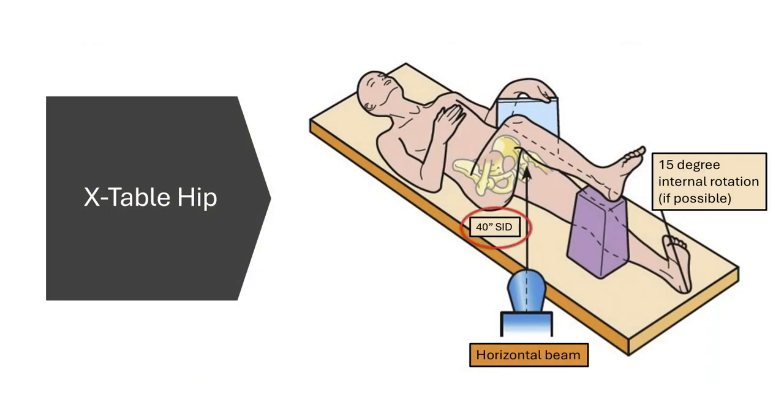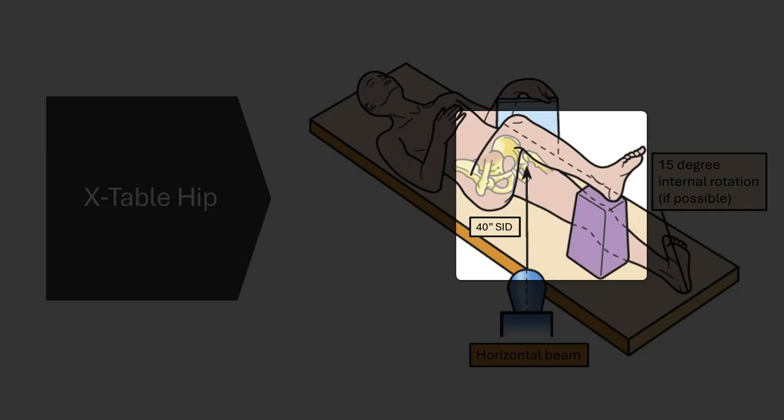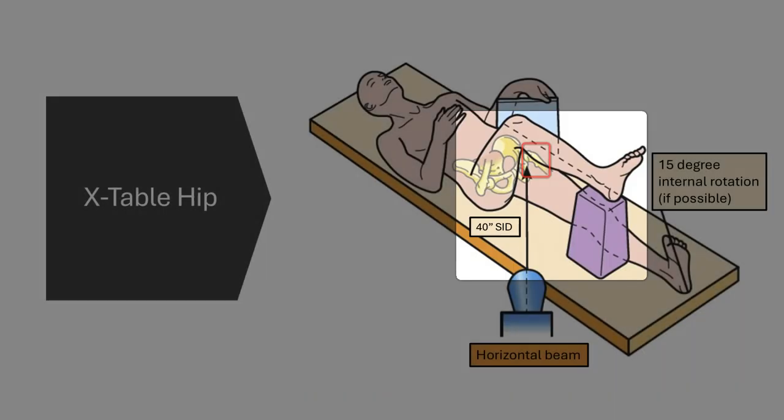You can see 40-inch SID, that's what we want. And you see here 15-degree internal rotation if possible. That's if they're able to do that. All right, just kind of take every patient for what's in front of you. A little trick to be able to do that is when you have this opposite leg here, if you frog it out to the side, if they're able to do that, it almost puts this leg into that 15-degree internal rotation that you want.